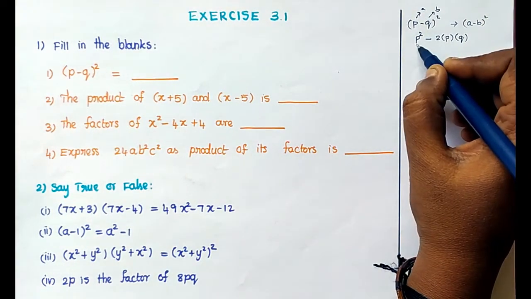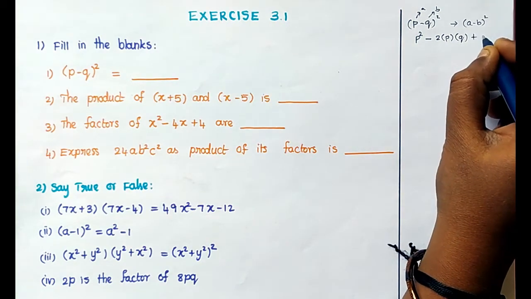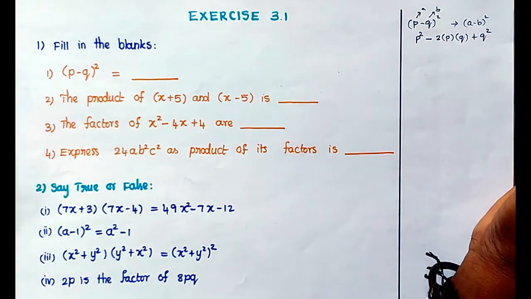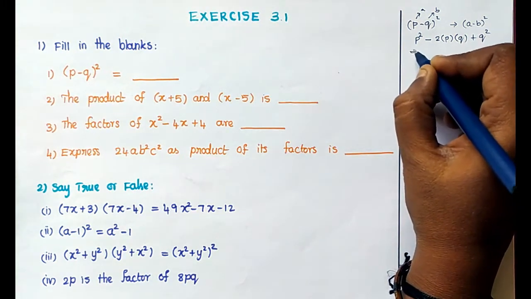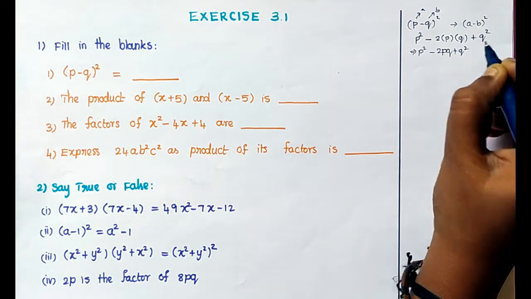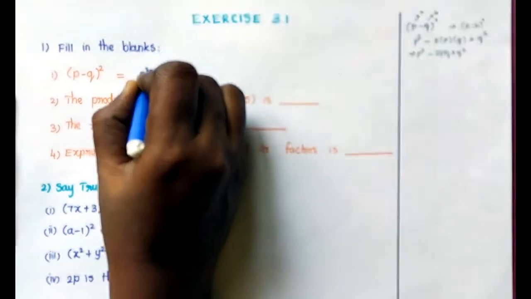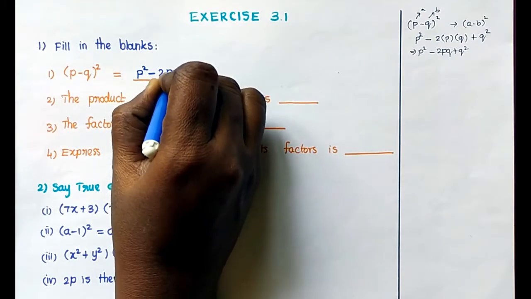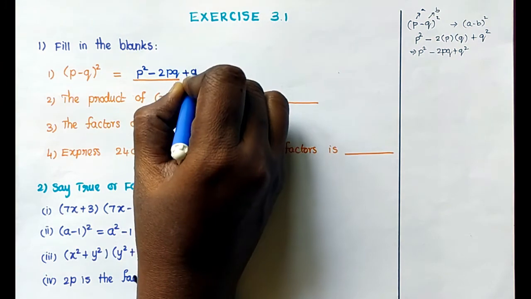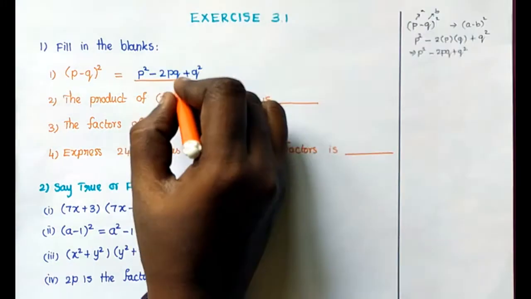So p squared minus 2pq plus q squared. That is the answer. Next one.